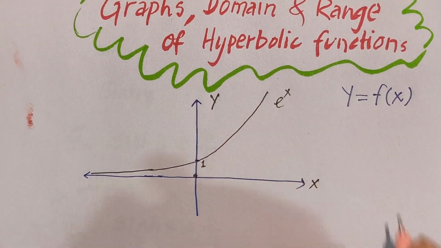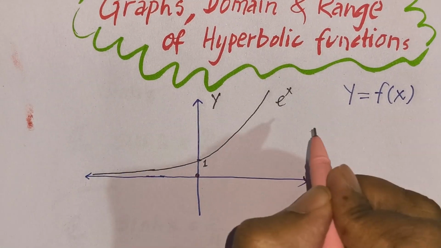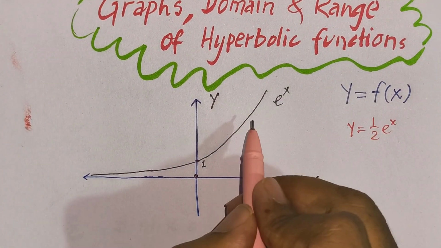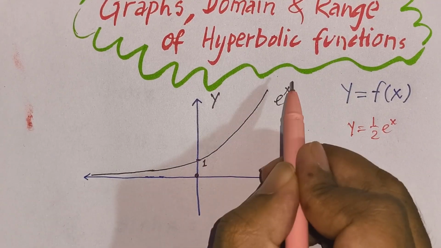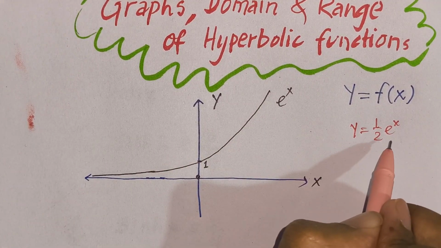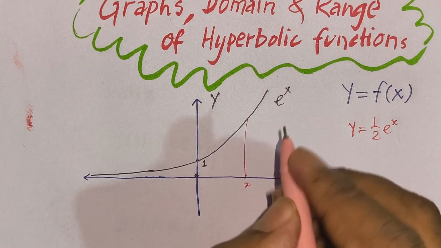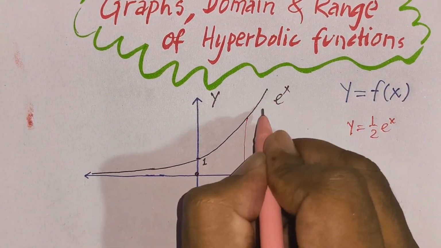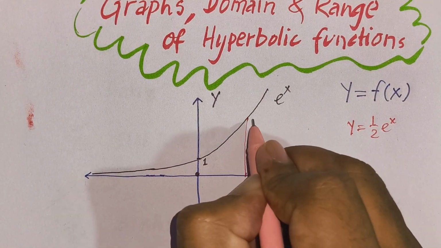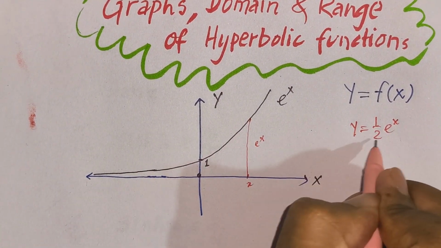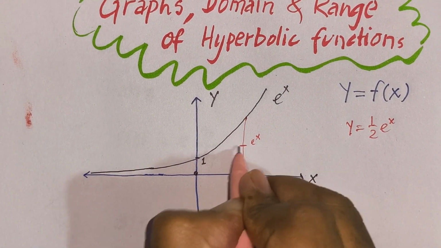What is half e to the power x? If you know y equals e to the power x, then you also know y equals half e to the power x, because at any x, this height on the graph of y equals e to the power x is e to the power x. So y equals half e to the power x means this height will be half.